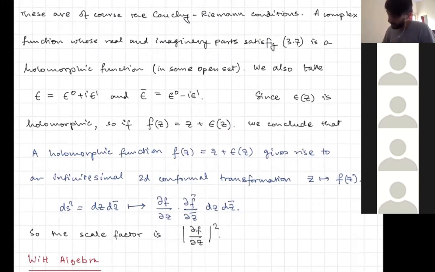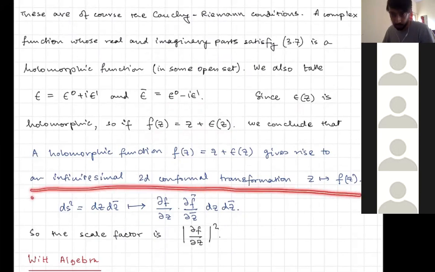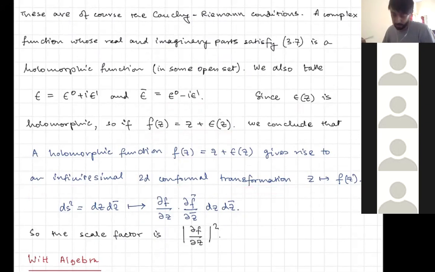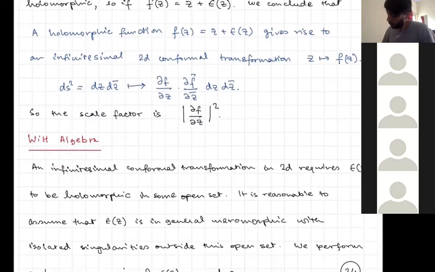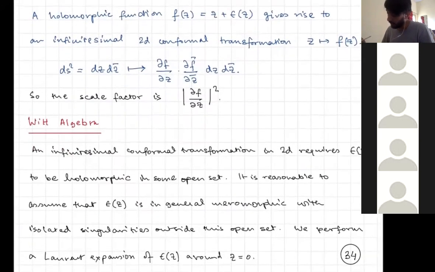Since epsilon z is holomorphic, then if you have some function f of z, which is z plus epsilon z, this is also going to be a holomorphic function. This is going to give rise to an infinitesimal conformal transformation of z going to f of z.